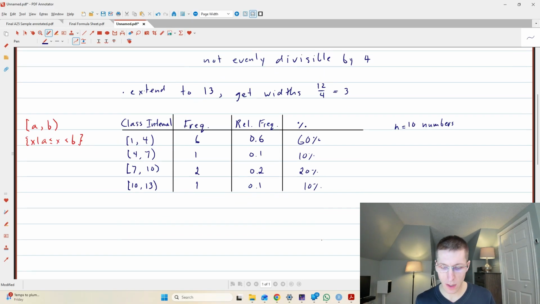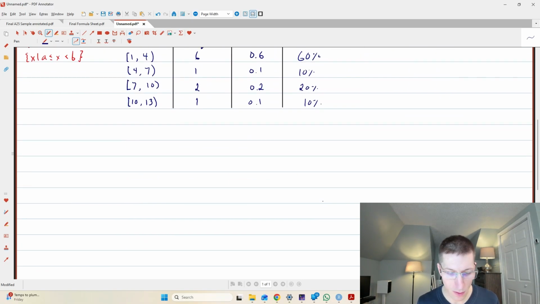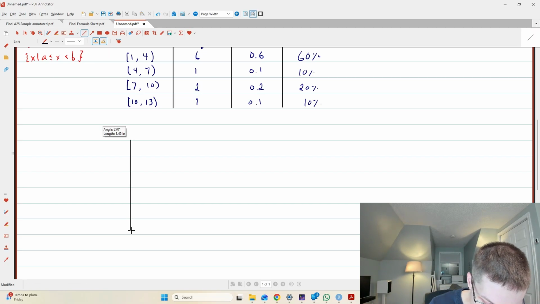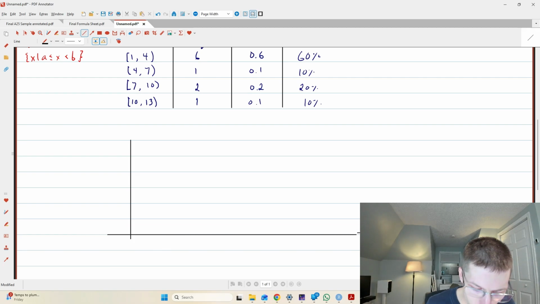Okay, so now we can make the histogram. One big thing is you don't want to lose points for just not labeling it. So be sure to label and give it a title. It doesn't have to look perfect or anything.